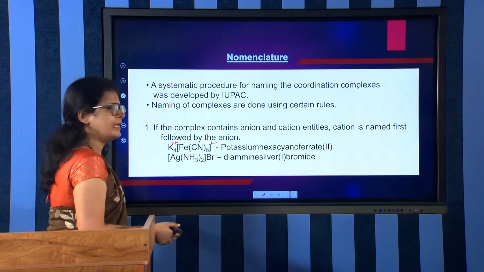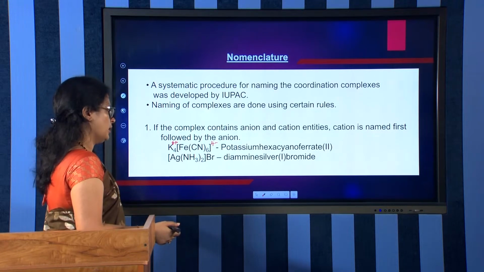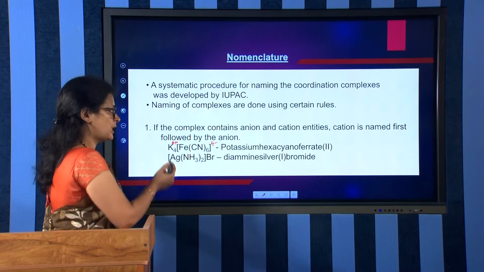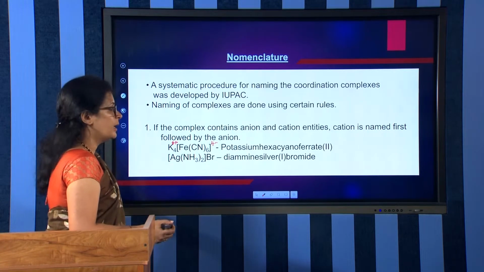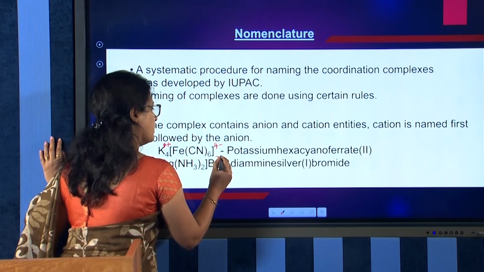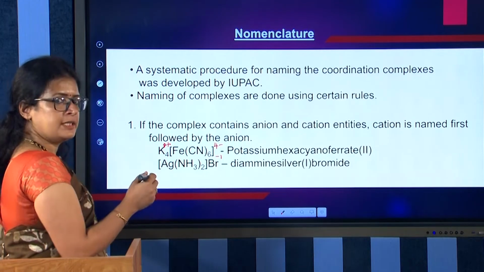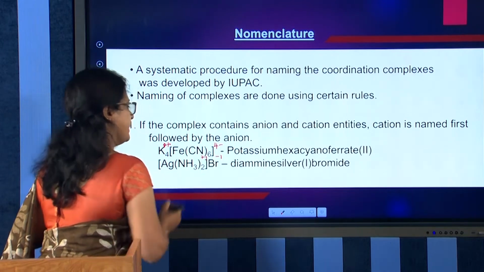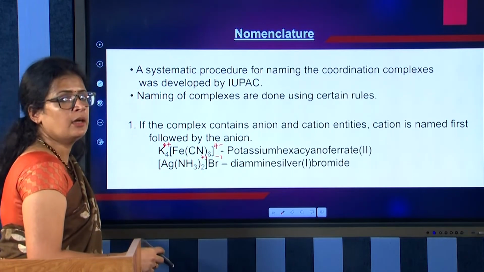In the second example, [Ag(NH3)2]Br, Br has a charge of -1, that is, the counter ion is the bromide ion. So this is the anionic part, and for stability you have to add +1 charge to the complex ion. So the complex ion part is the cationic part.